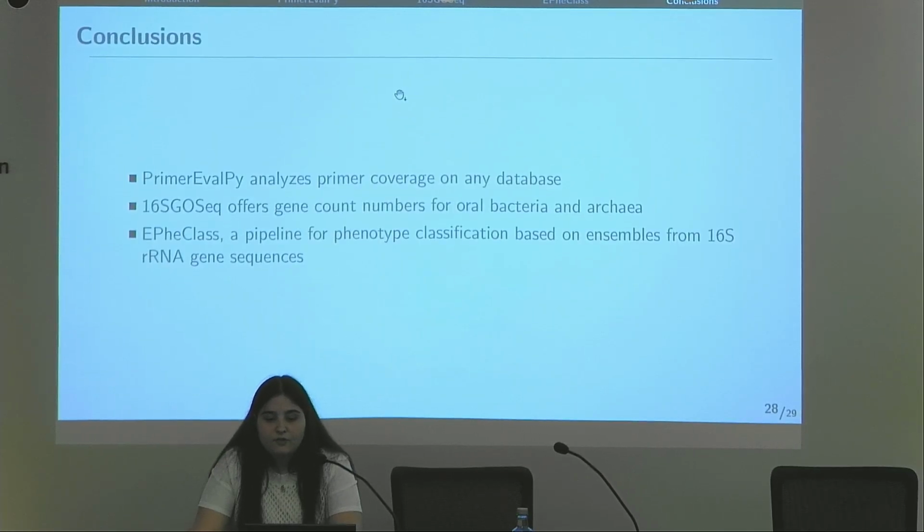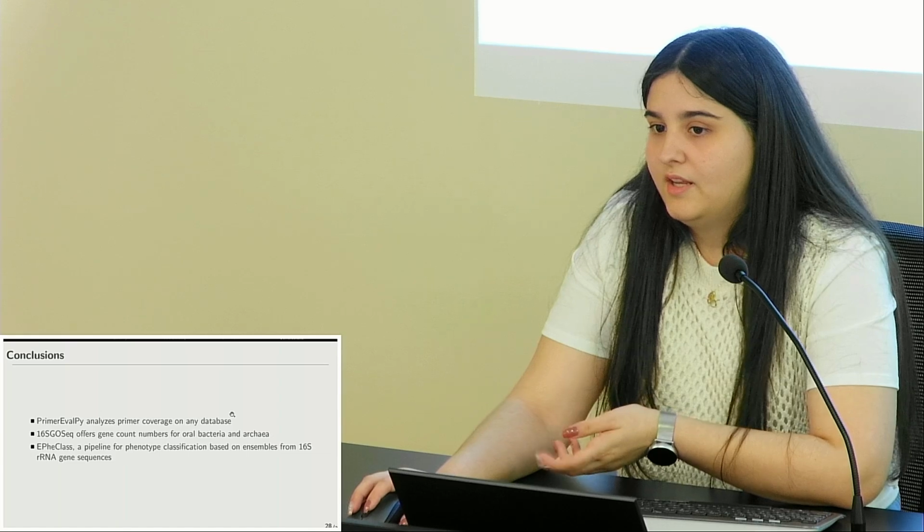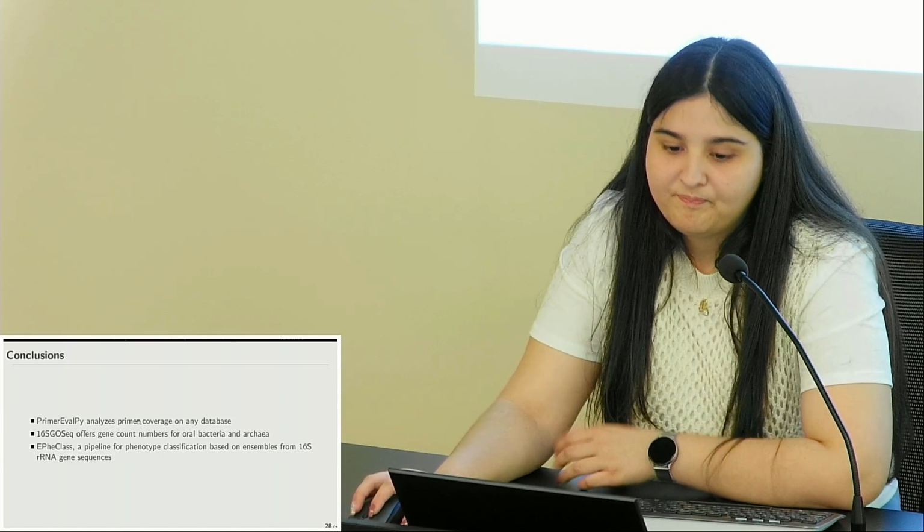As conclusions for this work, this thesis, we have developed 3 useful bioinformatics procedures. The first, primer-valpi, to analyze the primer coverage on any database, which can reduce the number of necessary experiments in the lab.